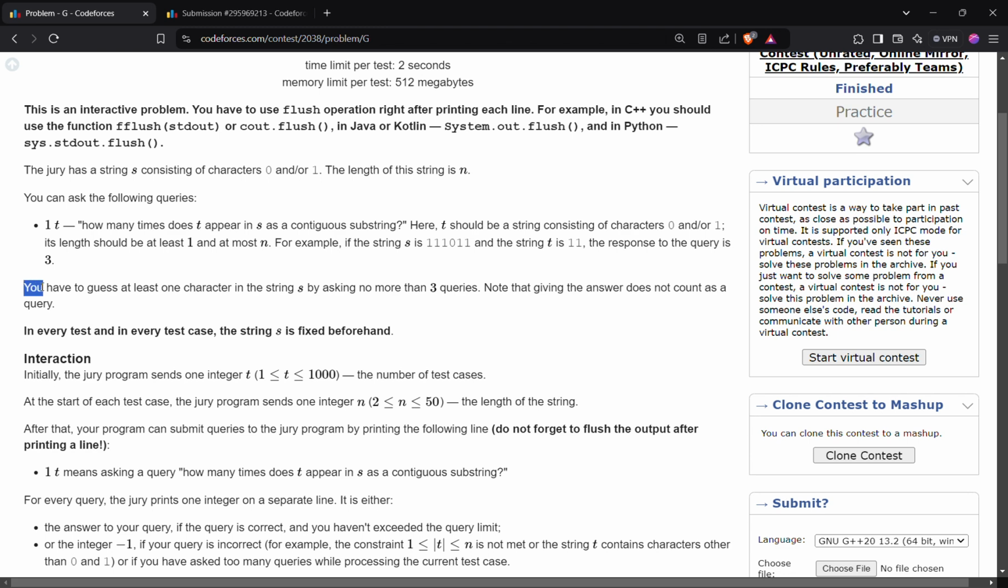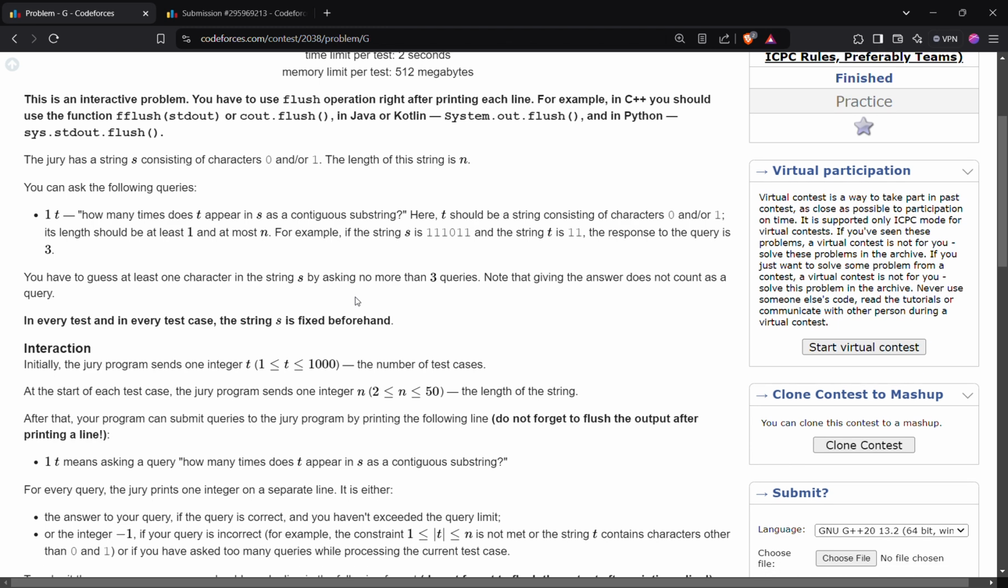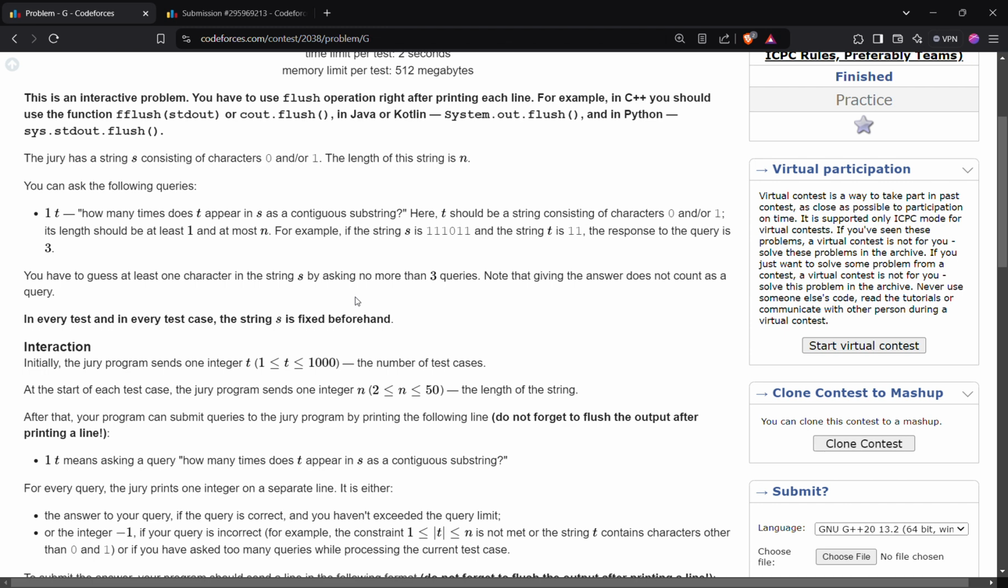You have to guess at least one character in the string s by asking no more than three queries. Now, this gets interesting. Generally, in interactive problems, you have to make 2 times n or 4 times n or whatever number of queries to get what is required.